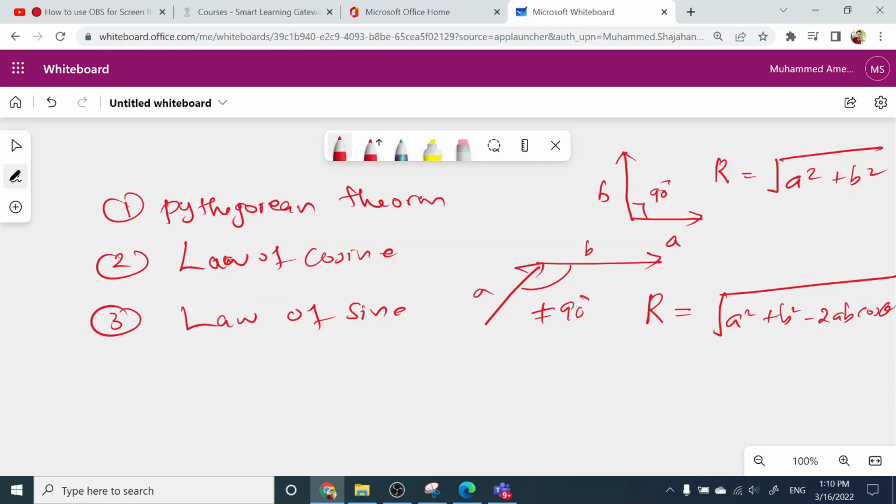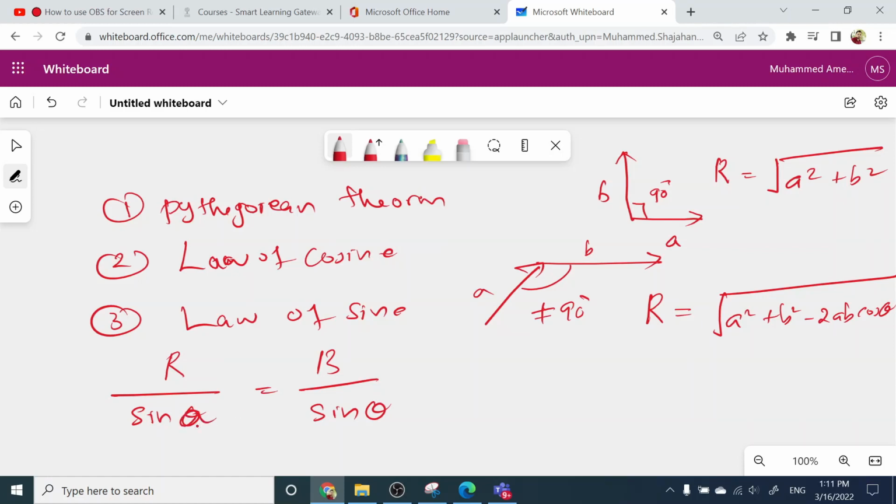This is the equation to calculate the sum of two vectors using the cosine law. And the law of sine states that one side divided by the sine of the opposite angle is equal to another side divided by the sine of the angle opposite to that side.